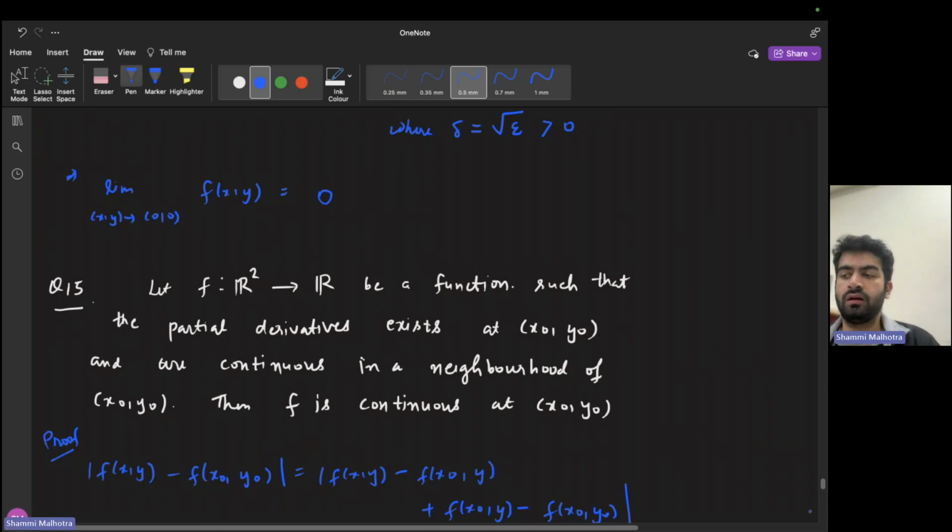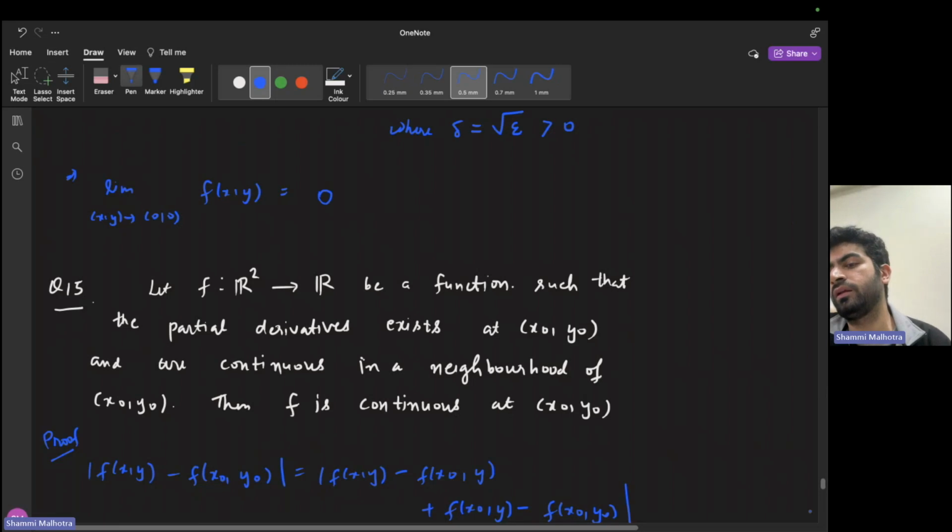So this is a very different thing which we see in the multi-dimensional case, because in the one-dimensional case we saw that if the function is differentiable, this will imply continuity. That sort of thing is not happening here, so if a function is partially differentiable, this will not give continuity.